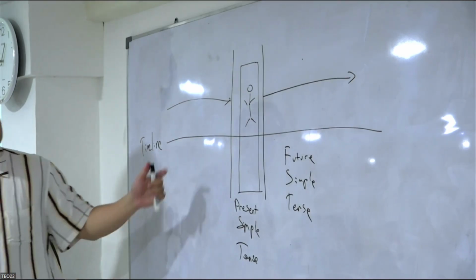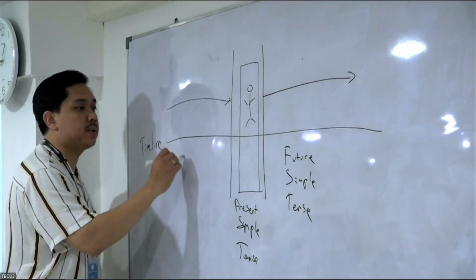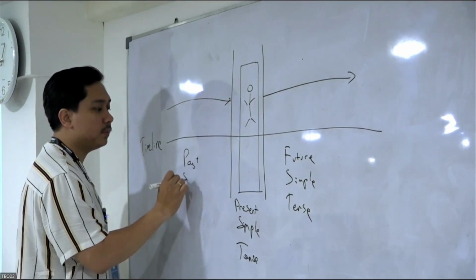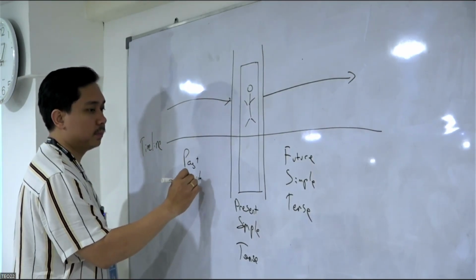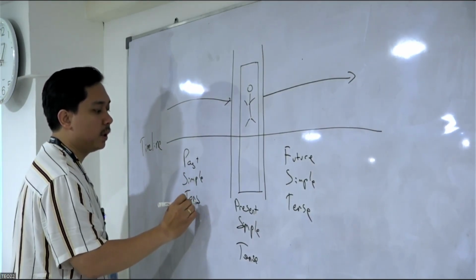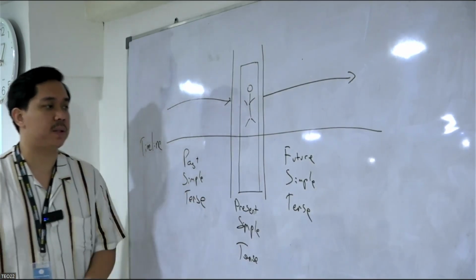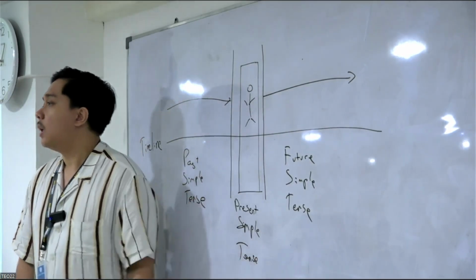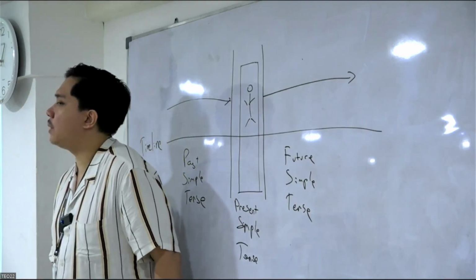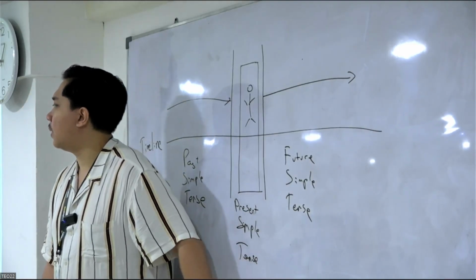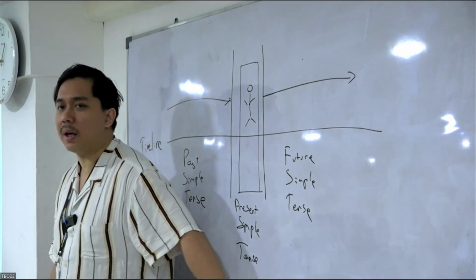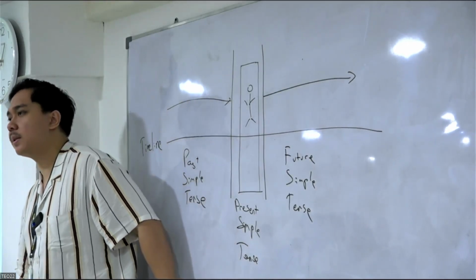Let's go next. So you got past simple tense over here. You got present simple tense. You got future simple tense. I wish life would be very simple, so that we have just these three tenses.